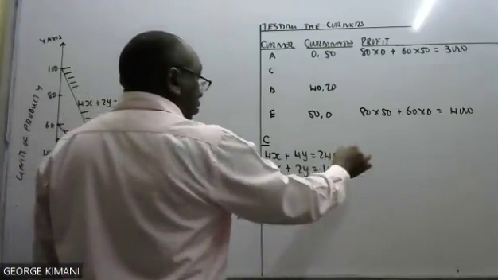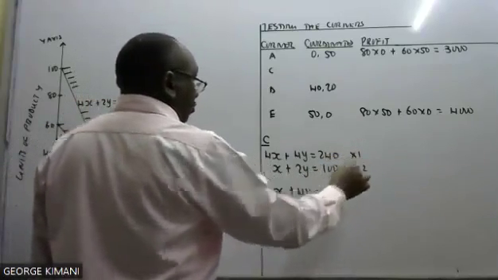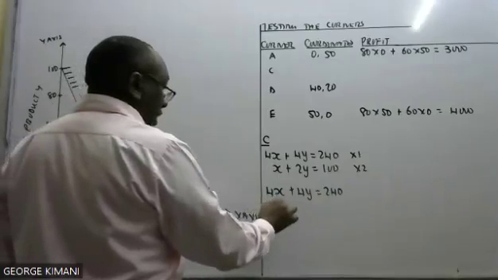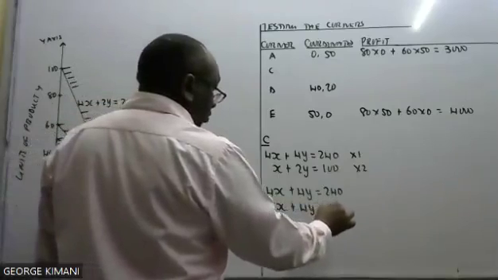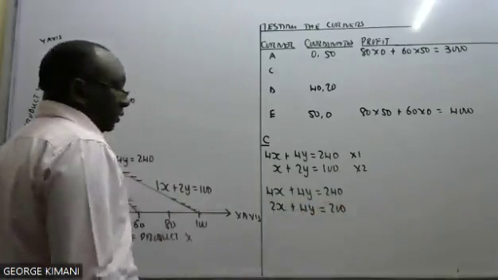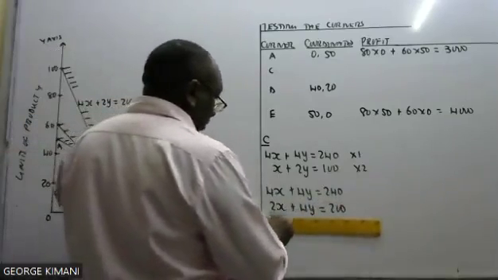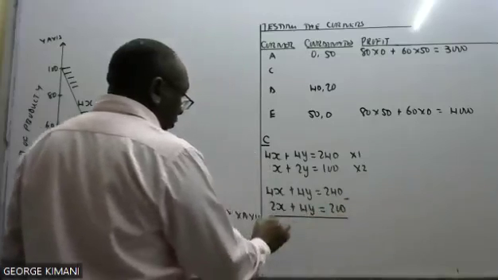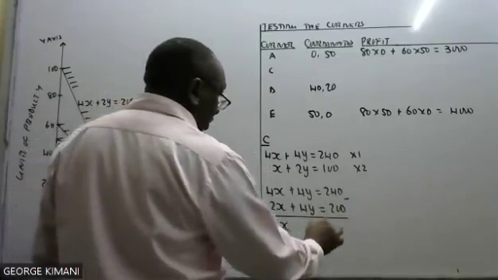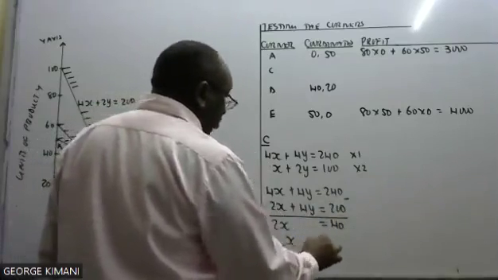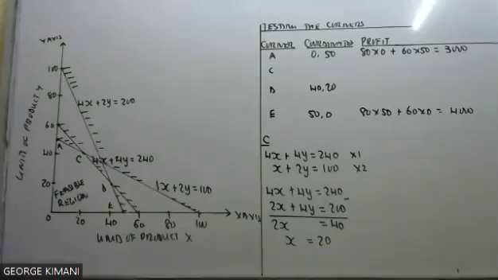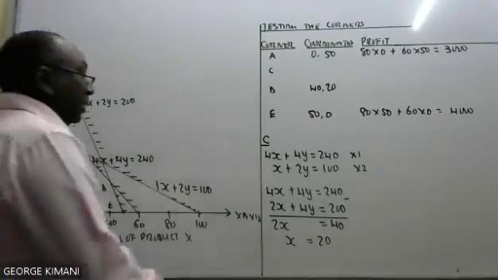This one you multiply by 1, and this one by 2, so that we have 2x plus 4y is equal to 200. Now we subtract and achieve 2x being equal to 40, and x then should be equal to 20.